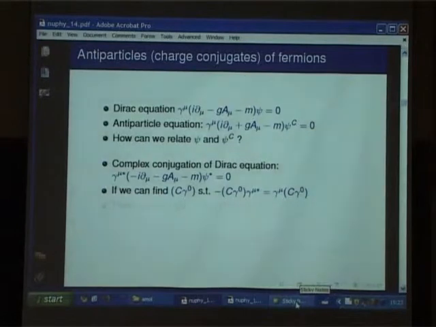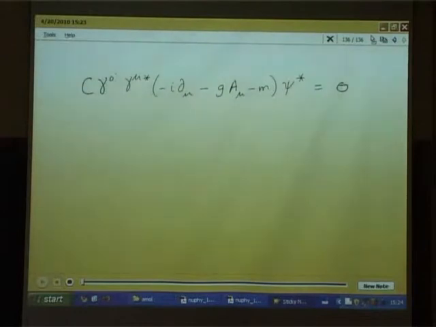Let me write it. So I had this equation, which is gamma mu star times minus i del mu minus g A mu minus m, acting on psi star, is equal to 0. I multiply that by this quantity which I called C times gamma 0.